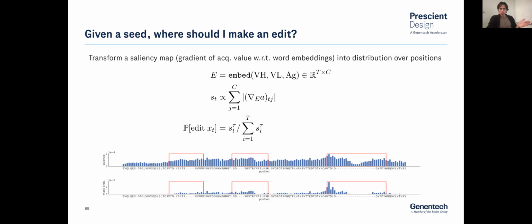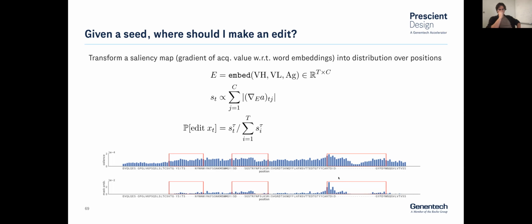Edit positions are chosen independently and ignore correlations; doesn't that leave a lot on the table? Well, in this example, the samples from this normalized saliency map are drawn from a categorical distribution without replacement.